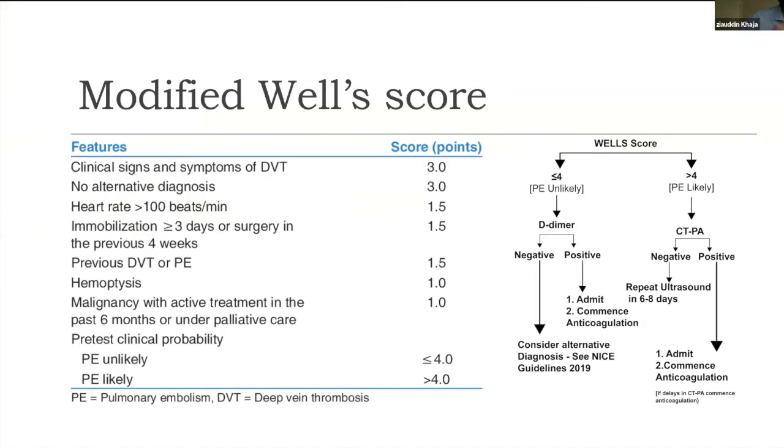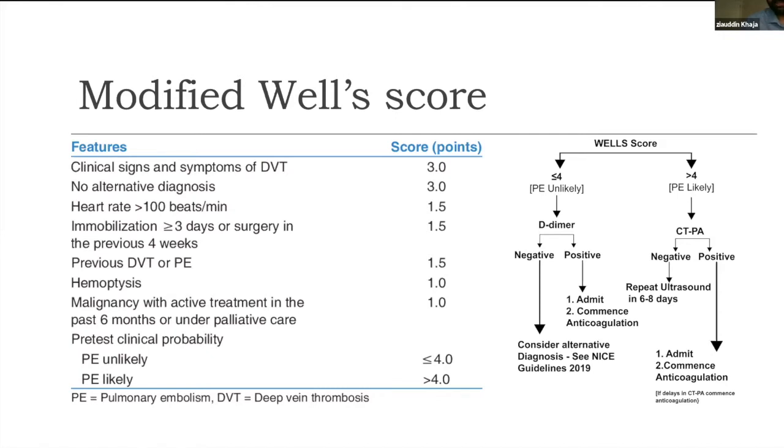Now if we put this patient's data into this score, she has clinical signs and symptoms of DVT, so that gives us 3 points. No alternative diagnosis at the moment, 3 points, and a heart rate of course more than 100, and then immobilization or surgery in the past 4 weeks.